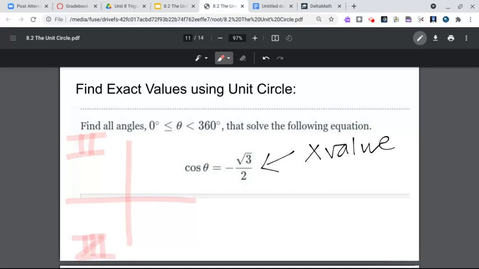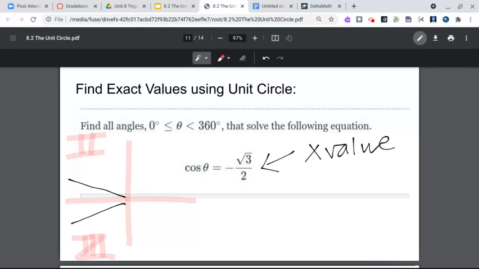So the x value for negative root 3 over 2 closest to the x-axis would be the angle here and the angle here. Okay, they want it in degrees.